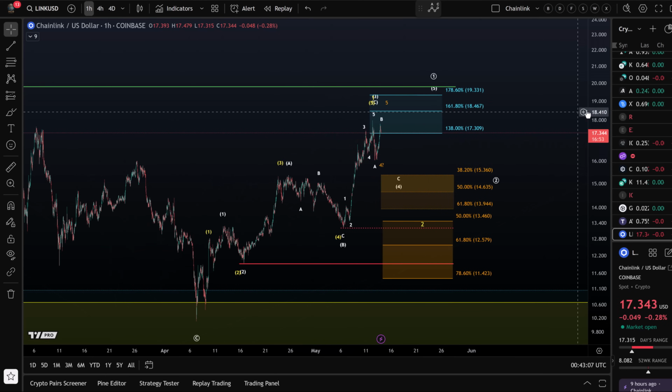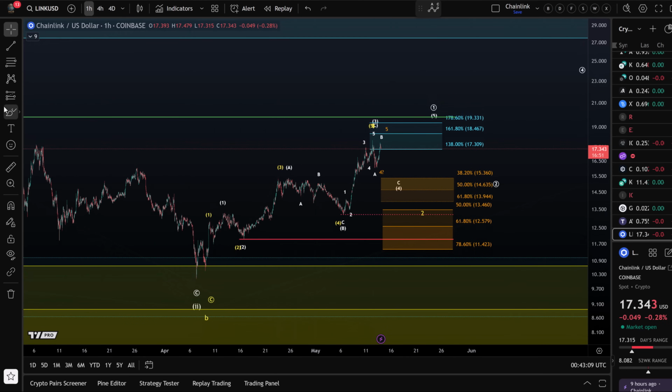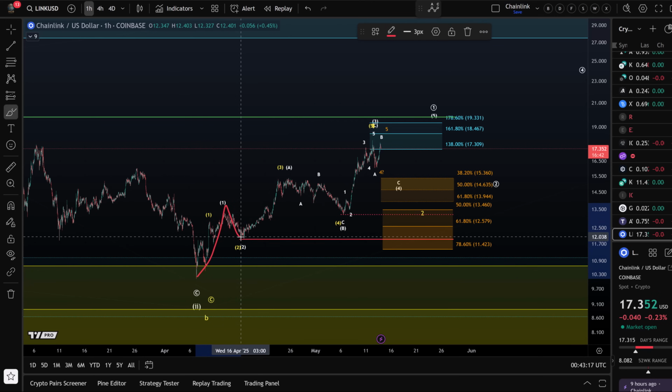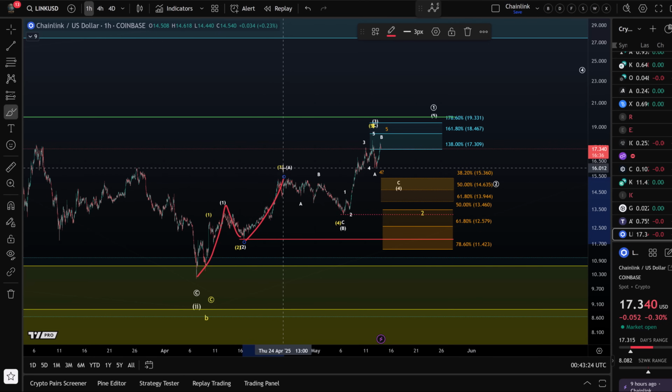And here you can see the pattern. I prefer the white scenario. So we have from the low here in April a wave 1, then a wave 2, that was the higher low. And then the third wave, this is actually too short for a third wave. I mean, it's valid, but it doesn't make so much sense, this yellow count. I'll probably remove it.